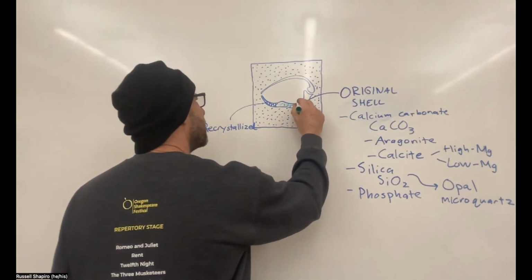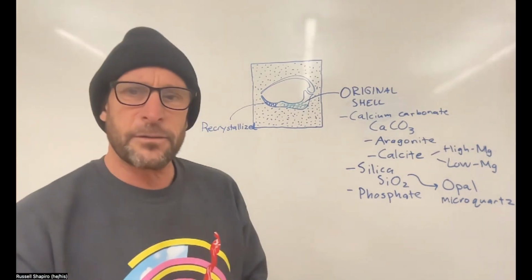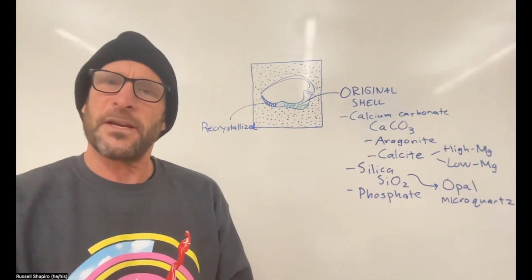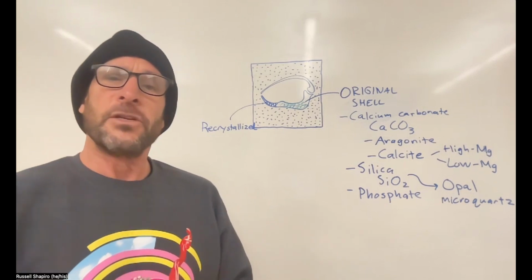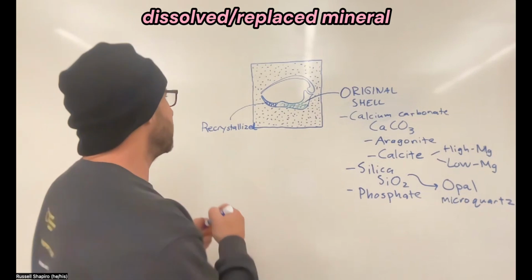And again, we recognize this because we can dig the fossil out of the ground, and we can look at its mineral and go, I know that organism, it doesn't make its mineral out of X. I know it originally made it out of Y, so it must have dissolved and replaced it with a new mineral.